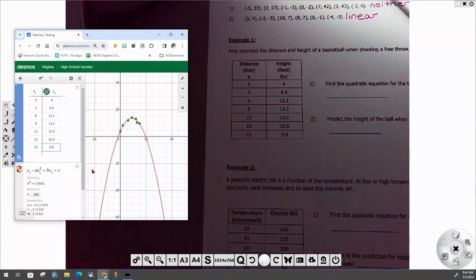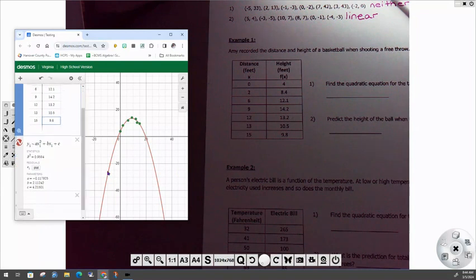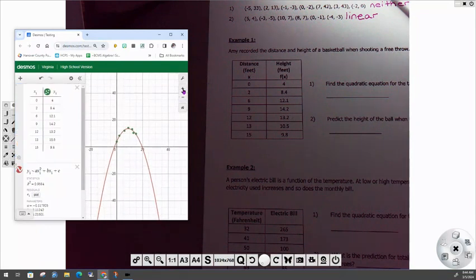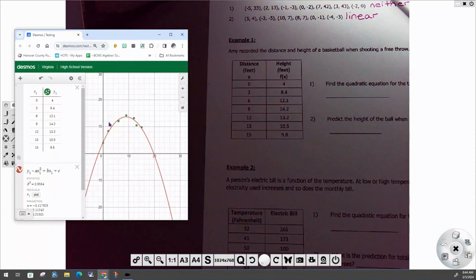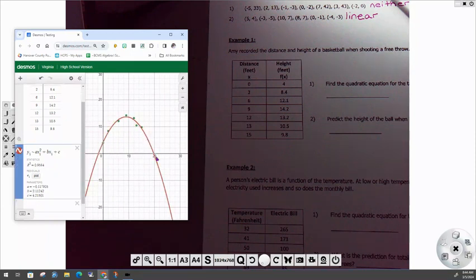All right, so let's look at our data. We can really see that it's making that curved feature. But notice it's giving us our values.